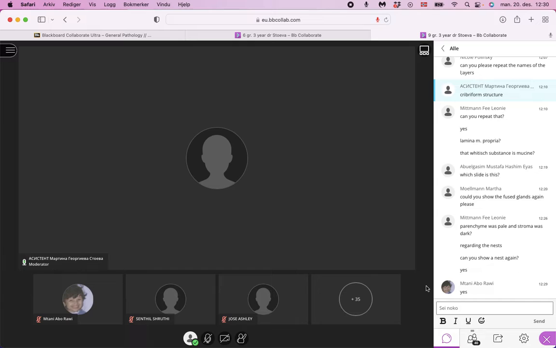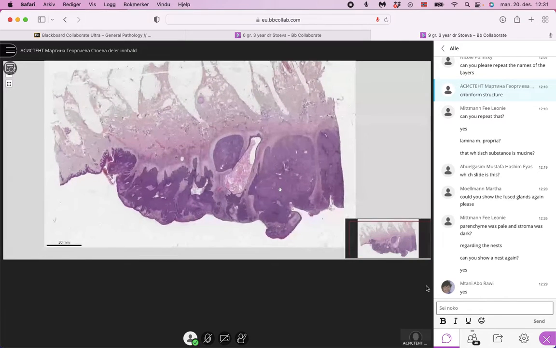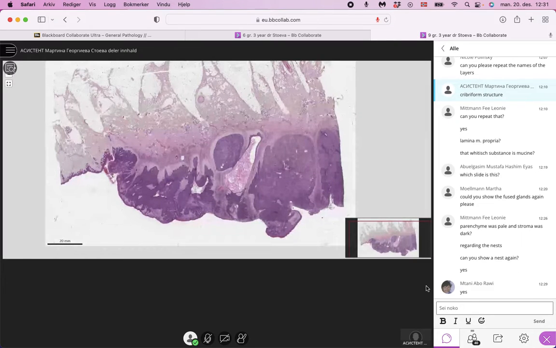Slide number 38 is the next one, basal cell carcinoma. Again, I think it's quite obvious where the tumor is.